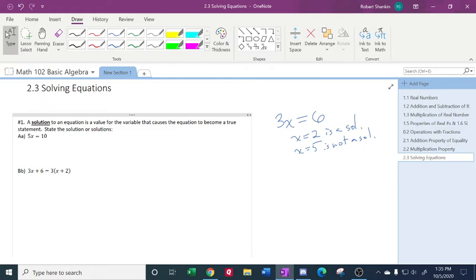Okay, go ahead and hit enter into your group chat for both A and B. And I'll give you a little while to process that with your group.